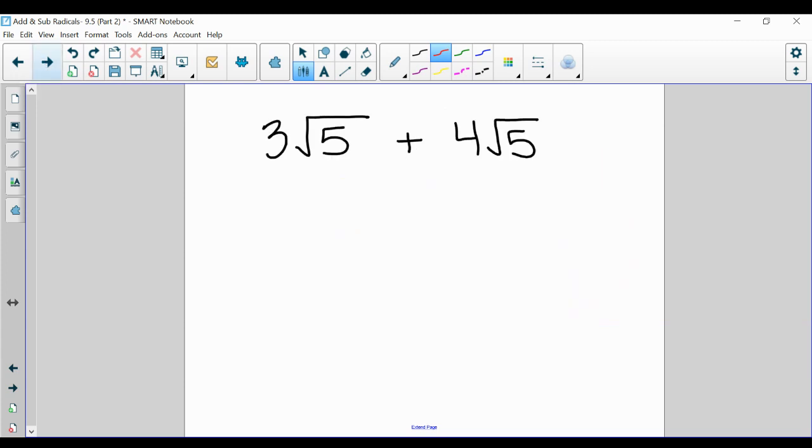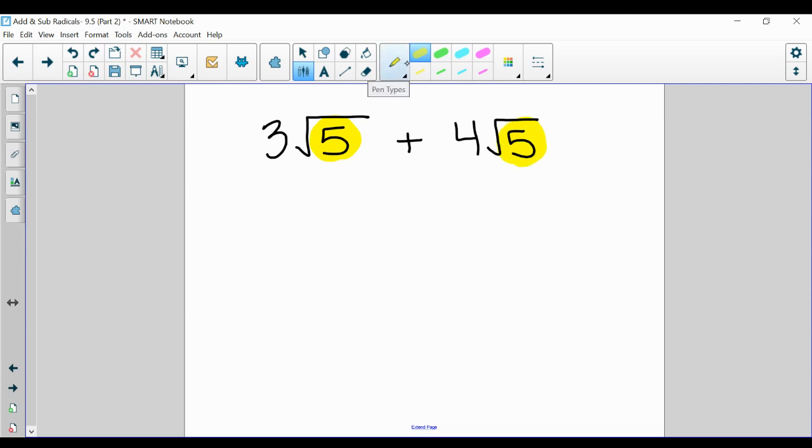When we see adding radicals, we need to look for like terms. The way we identify like terms with radicals is by looking at what number is under the square root symbol. Just like when you add like terms with variables, you're looking for the same variable. When you add or subtract radicals, you're looking for the number under the square root to be the same.